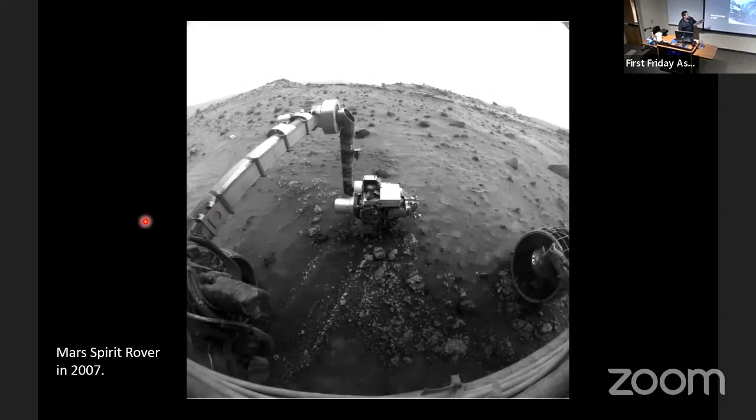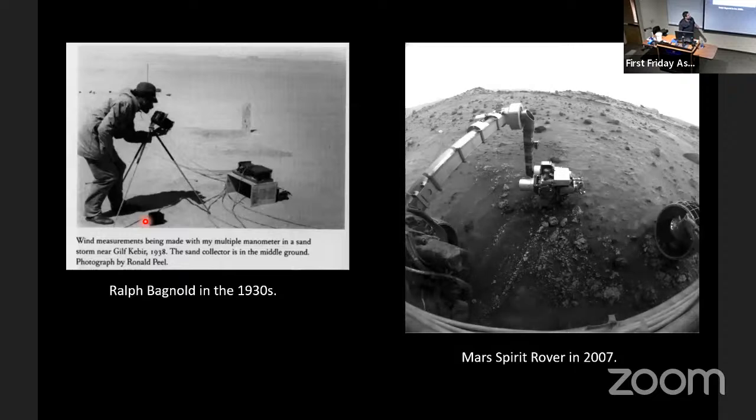What's also cool about this particular experiment is it has a lineage to it. On the left here, I have a picture of Ralph Bagnold. He's one of the early pioneers in the field of understanding sand dunes, how dust moves, the whole concept of saltation.